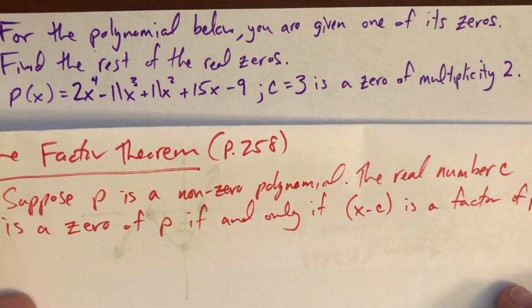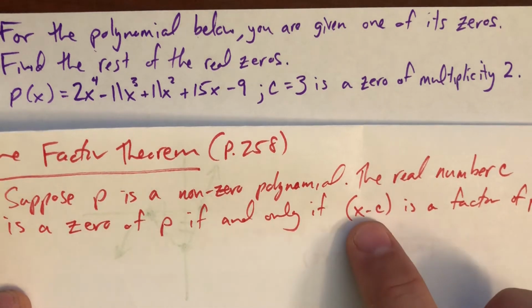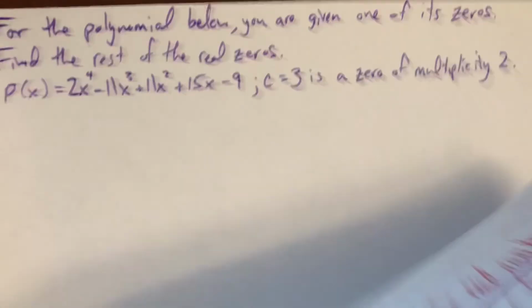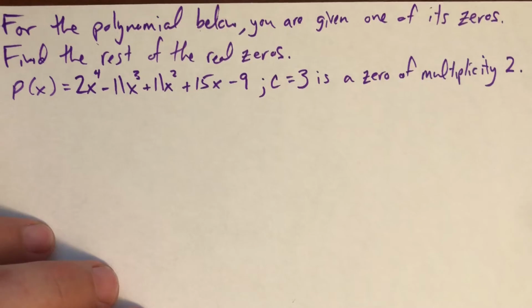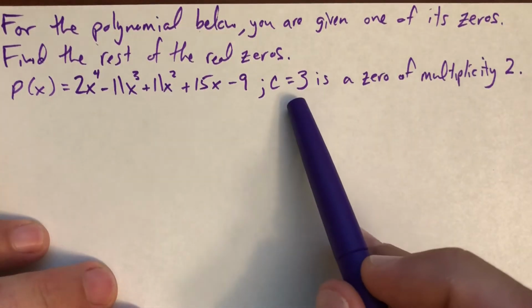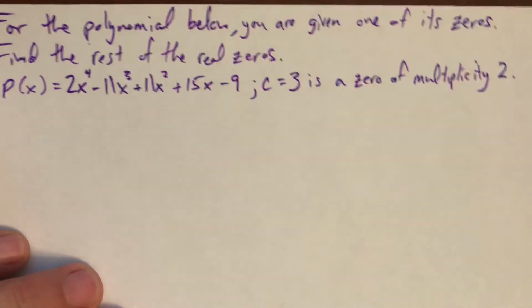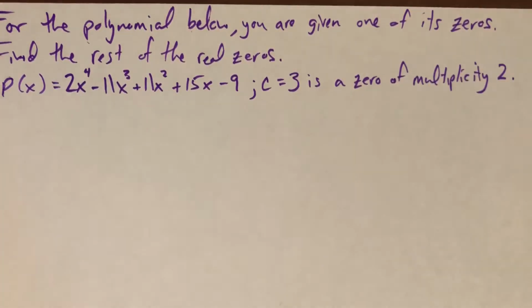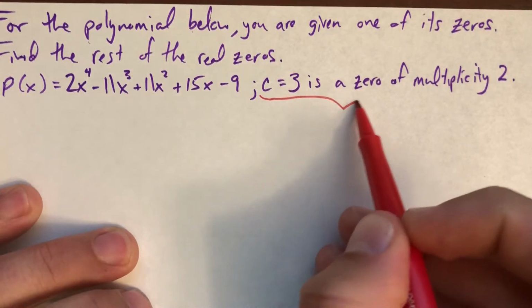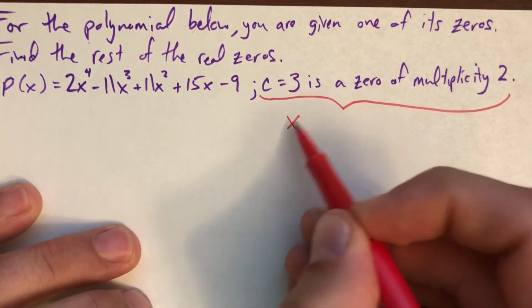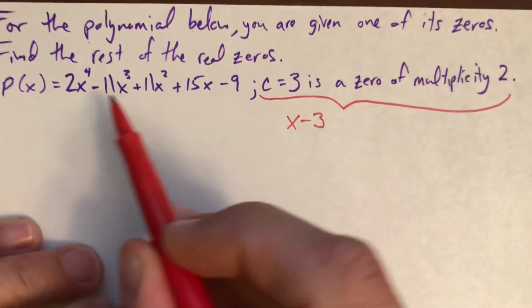So we say if we have a zero, then we know that x minus that zero has to be a factor. So we can look at this polynomial and this zero we have here. The factor theorem has directly told us that x minus 3 must be a factor.